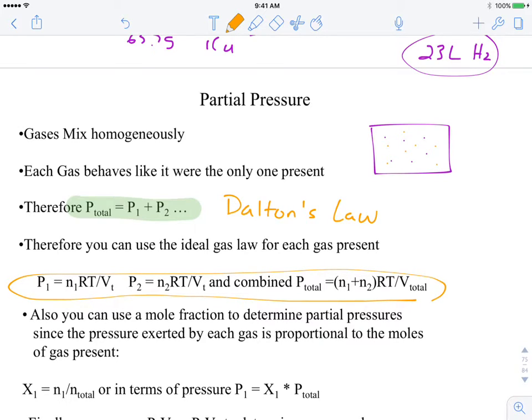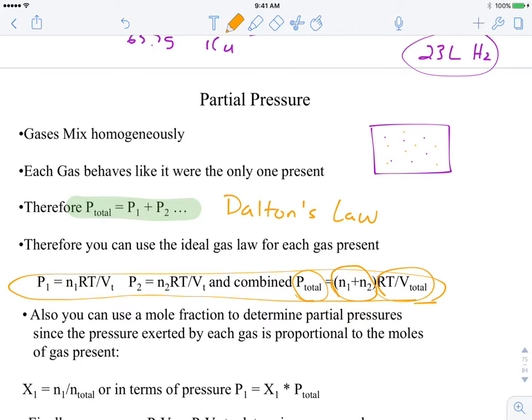So instead of just writing P1, you substitute in n1RT over V total. Again, the volume is always the total volume, because the gases will spread out and they will occupy the entire space. So if I want to find the total pressure, I can say P total is equal to all the moles added up times R times T over the volume total.